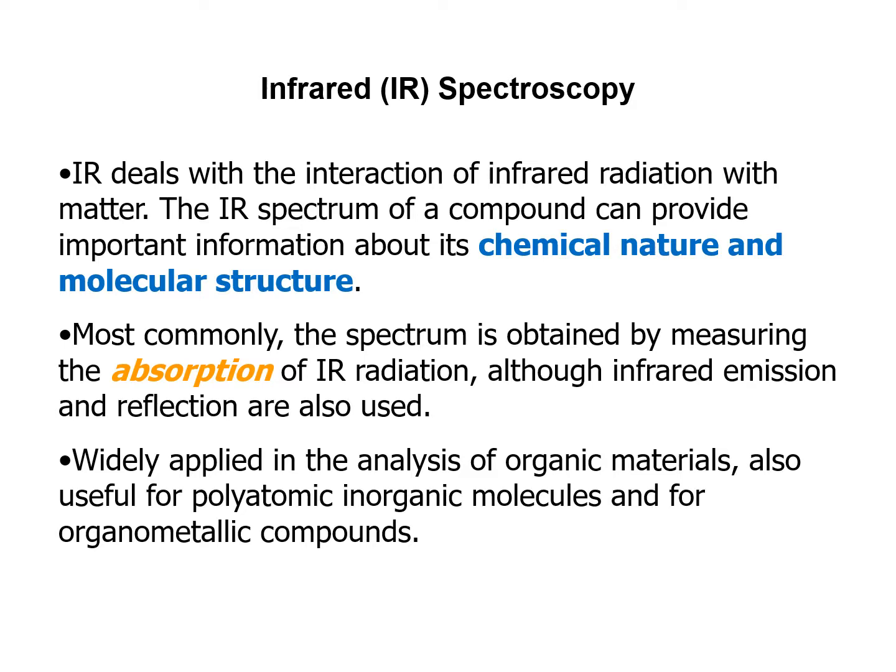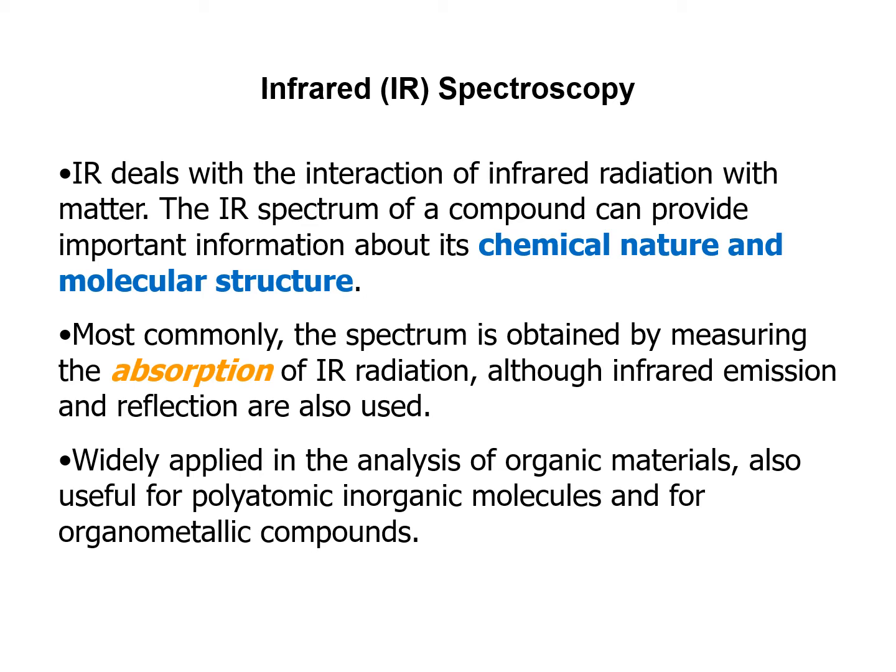So IR spectroscopy, like any spectroscopic technique, works by interaction of the sample or matter with the electromagnetic radiation, the infrared radiation in our case. From that, the chemical nature and molecular structure of a molecule is determined.